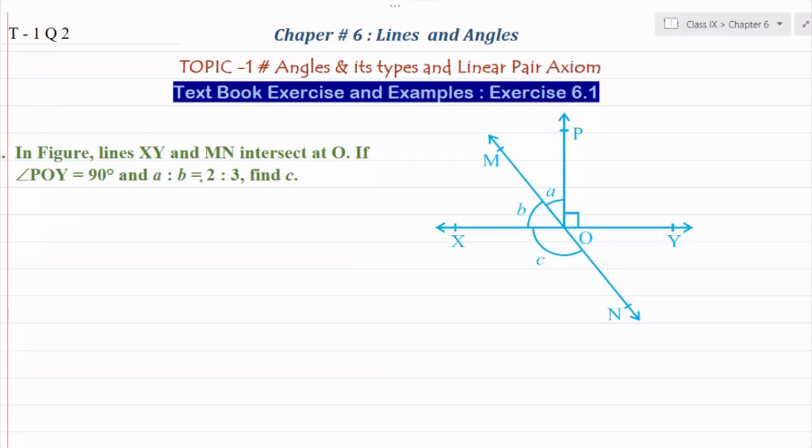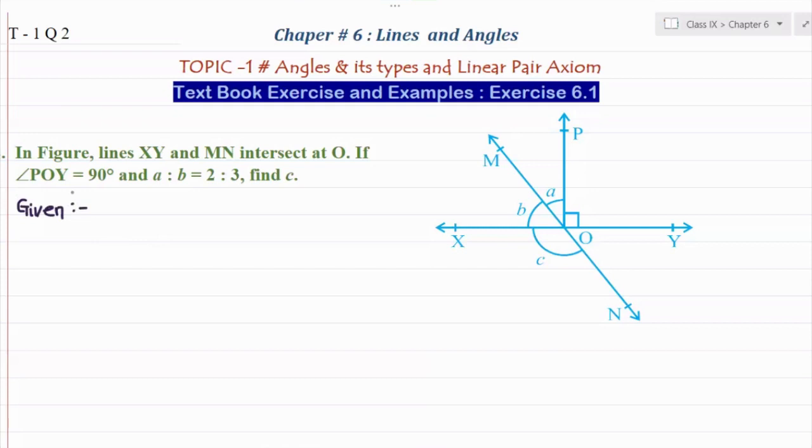First we shall mention the given things over here. What is our given here?